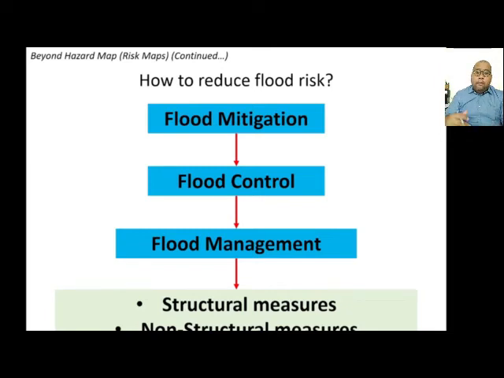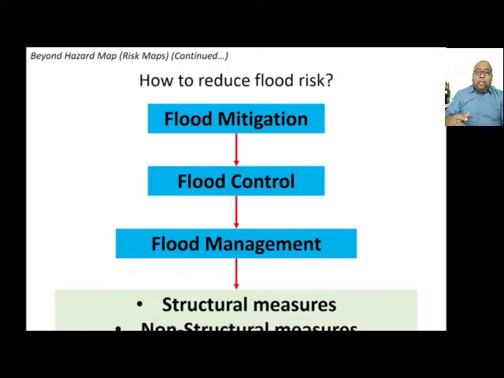Okay, last time, if we wanted to reduce the flood risk, we tried to do some flood mitigation. Maksudnya, we proposed a new channel, or probably a new detention pond, to reduce the floods.